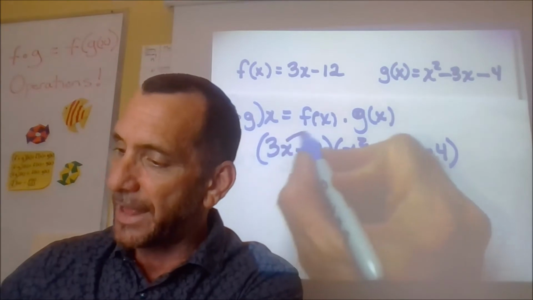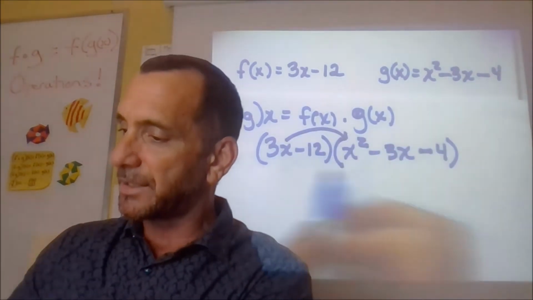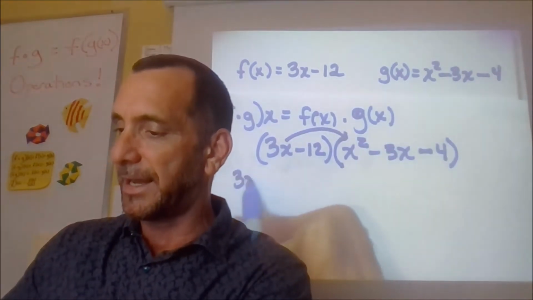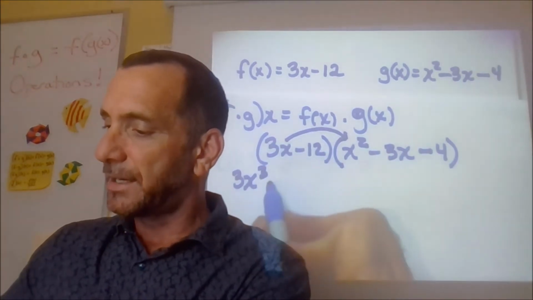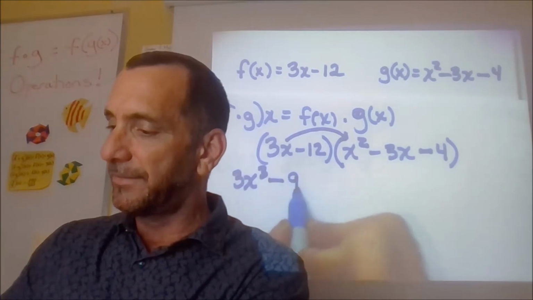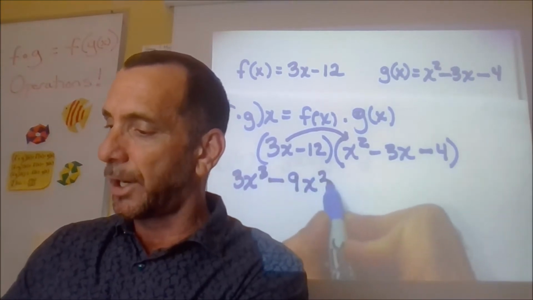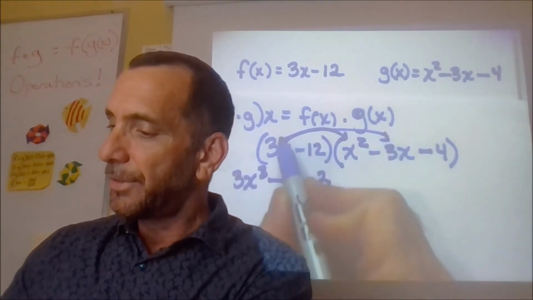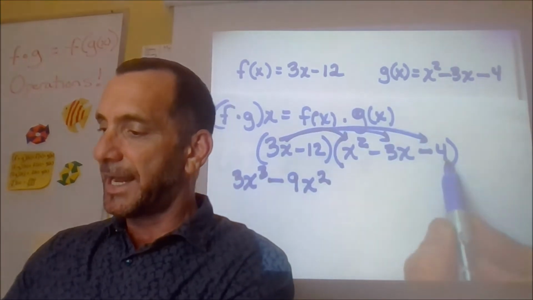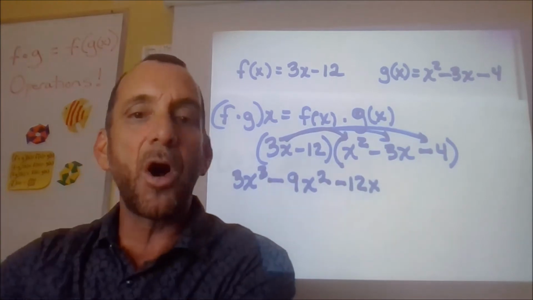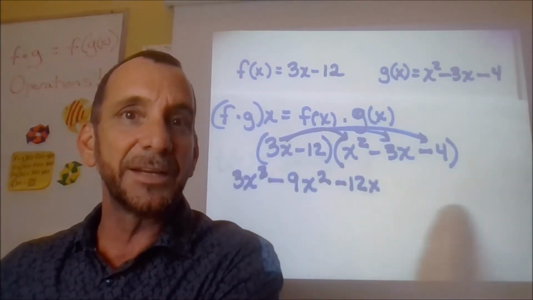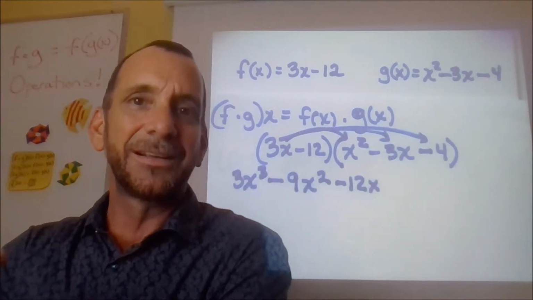So we'll just do that. 3x times x squared is 3x cubed. 3x times negative 3x, negative 9x squared. And 3x times negative 4 is negative 12x. Let's just keep on going, and we're going to get a long line of terms that we can later combine.